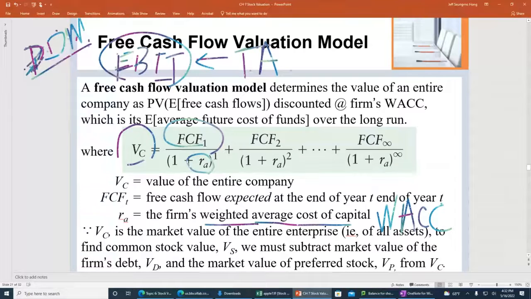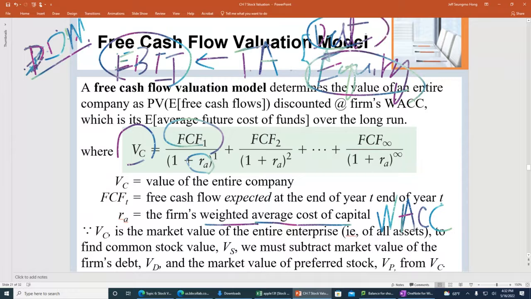The sole purpose of an asset is to generate profit for the owners of the company. And we understand assets break down into debt and equity, right? Equity is common stock. Debt is debt, bond, right?